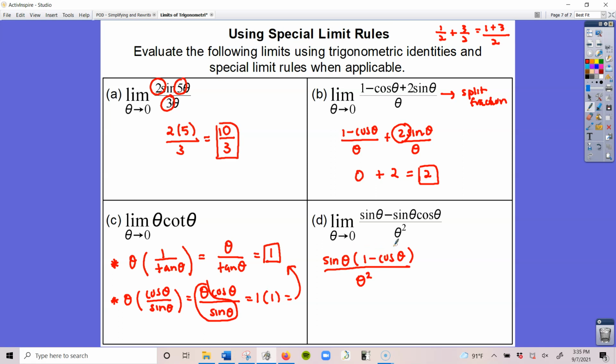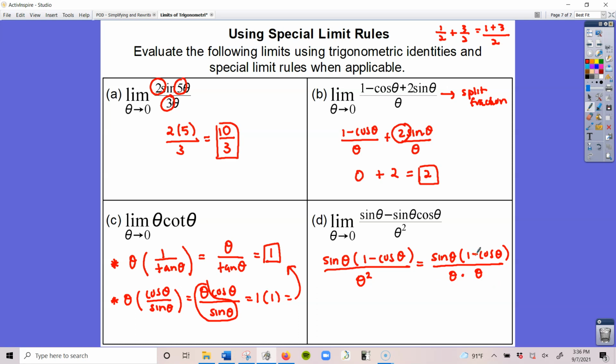Now the reason I'm doing this is so that maybe I can spot any of my special limits here. Let me rewrite this a second so you can see where I'm going. The numerator I'm going to keep as sine theta times 1 minus cosine theta. And theta squared is basically saying theta times theta.